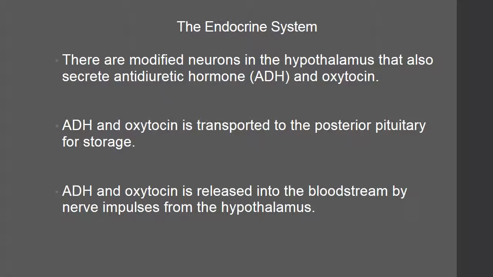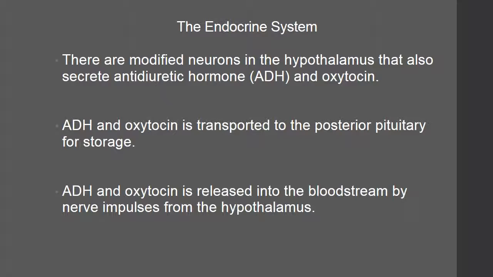There are modified neurons in the hypothalamus that also secrete two hormones, antidiuretic hormone and oxytocin. Okay, so the hypothalamus itself in the midbrain is actually a hormone producer. It makes two hormones. It secretes antidiuretic hormone and oxytocin.